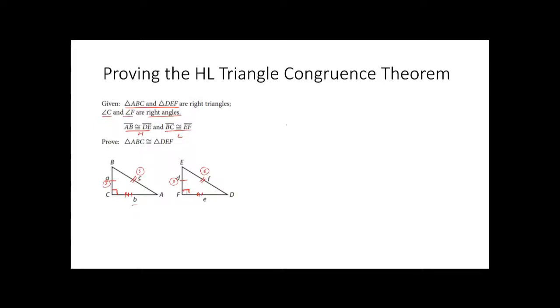So we already know that angle C is going to be congruent to angle F, and that's because of the definition of right angles. Thank you, little touchscreen, for doing that. So again, right angles.